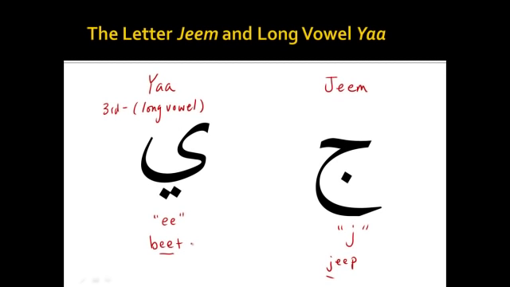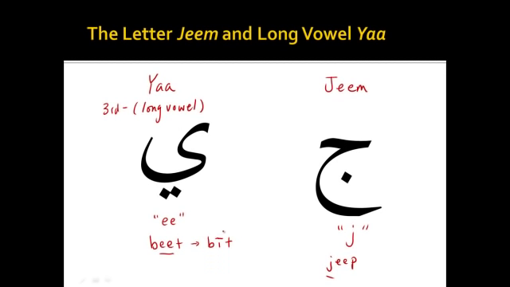So actually we're going to write this as an I with a line over it. So if we were to pronounce beat with a long vowel Ya in Arabic, it would be pronounced like beat.